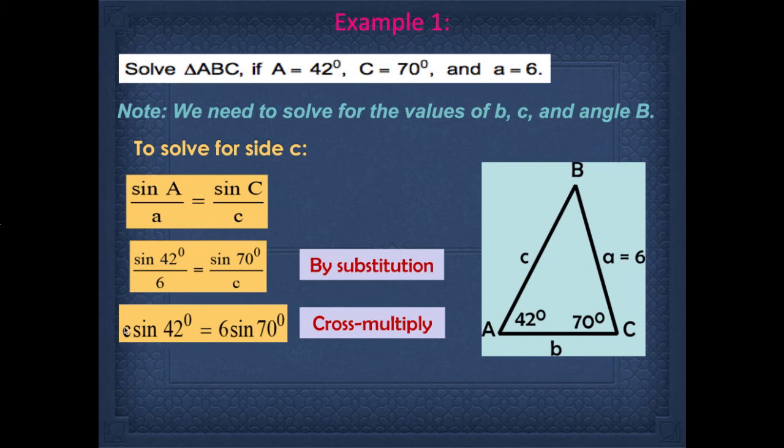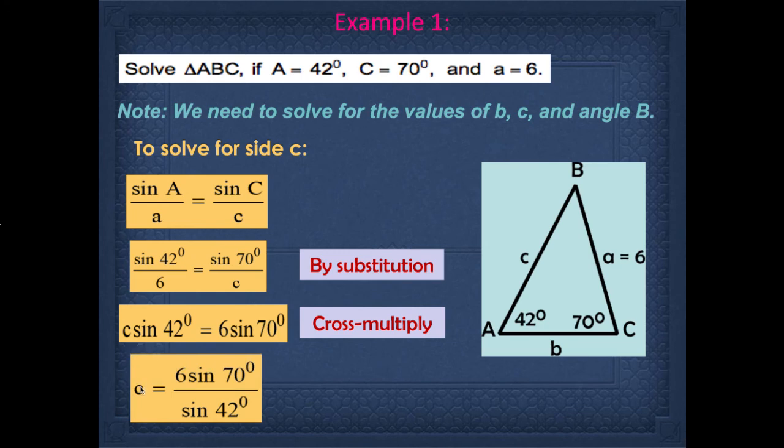To solve for side c, we divide both sides by sine 42 degrees. So c equals 6 times sine 70 degrees over sine 42 degrees. Using our calculator, c is equal to 8.43, correct to 2 decimal places.